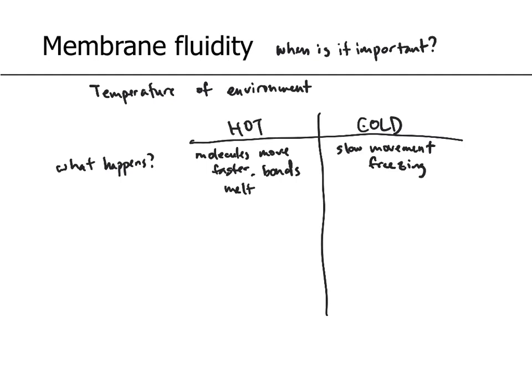So in these two different environments, what would happen to your average membrane? Your average membrane in a hot environment would become too flexible, and essentially it'll fail to maintain the cell shape, so it'll fail to maintain the integrity of the cell.